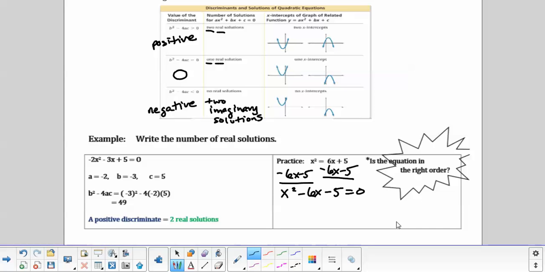And these are the values I'm going to plug into just the b squared minus 4ac. So my a is 1, my b is negative 6, and my c is negative 5. So b squared minus 4 times a times c. Okay? And let's put that in the calculator.